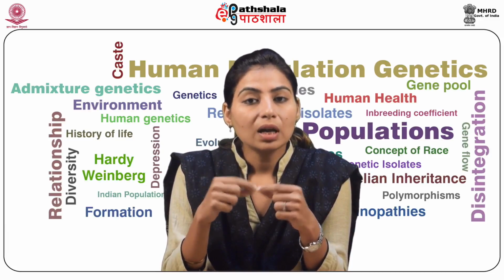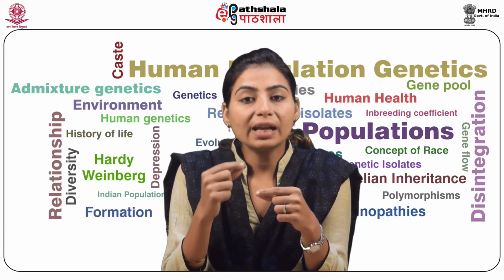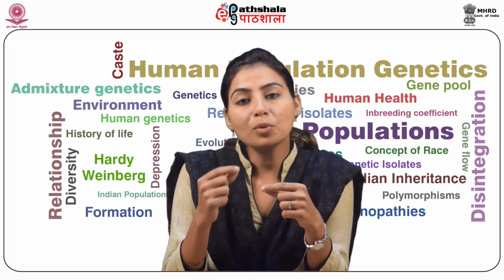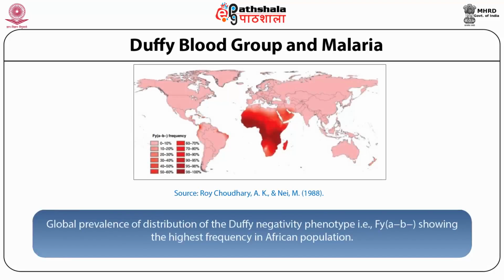These individuals, however, were selected against by nature due to the health implications for homozygous individuals. The figure shows the distribution of Duffy alleles all over the world. As we can see in this picture, the highest frequency of the Duffy negative allele is present in the region of Africa and surrounding Africa.